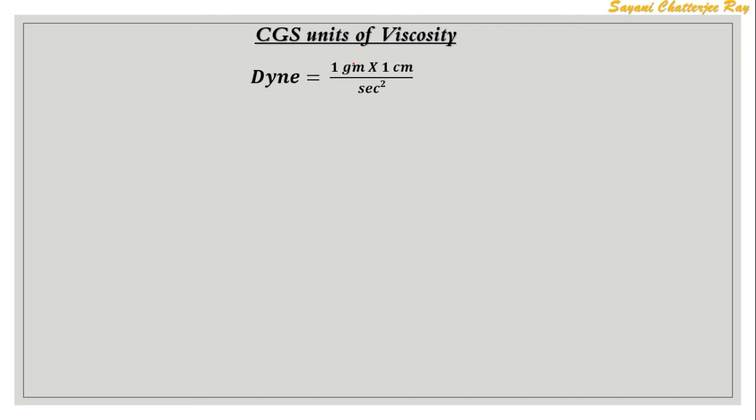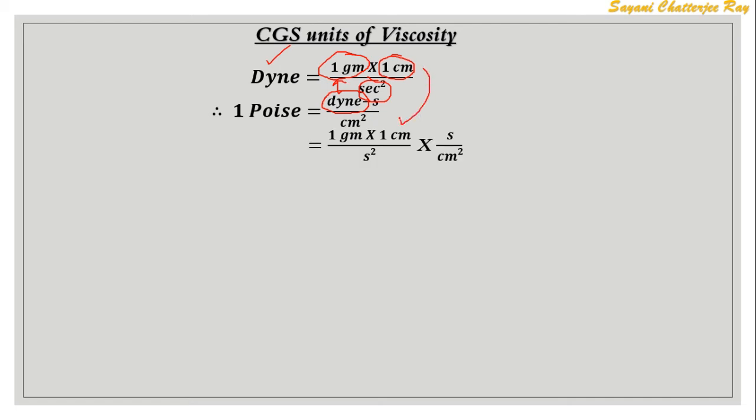We already know that 1 dyne equals 1 gram multiplied by 1 centimeter divided by second square. 1 poise equals dyne second per centimeter square. So here the value of dyne is 1 gram into 1 centimeter upon second square. So we substitute dyne as 1 gram into 1 centimeter by second square in this equation, and second by centimeter square separately.